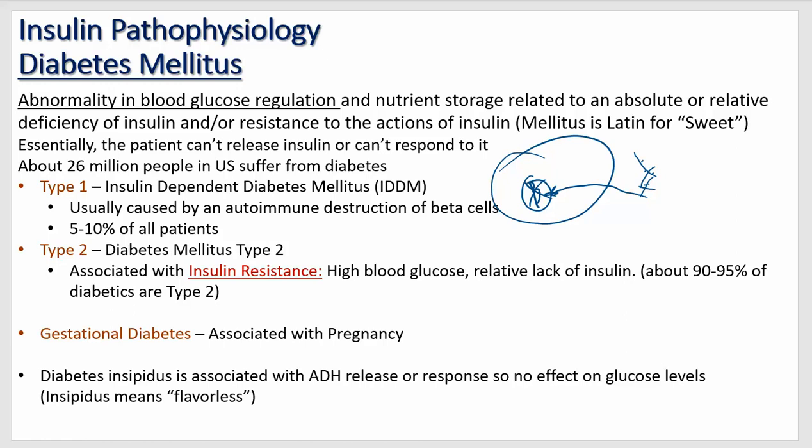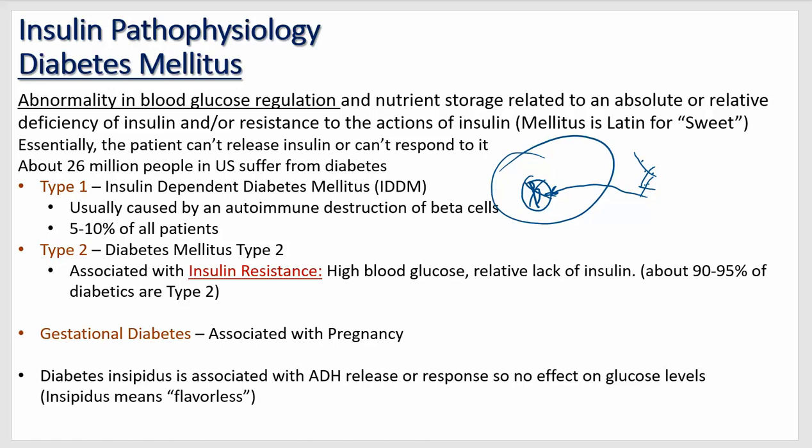All right, so then there's type 2 diabetes, and we're going to get into more details of both of these. But that's associated with insulin resistance. So for whatever reason, the insulin may be released from the pancreas, but it isn't working. So the cells are just like, okay, high insulin, yeah, we're not going to do what you said. So the glucose is going to stay in the blood. It's not going to move into the cells.